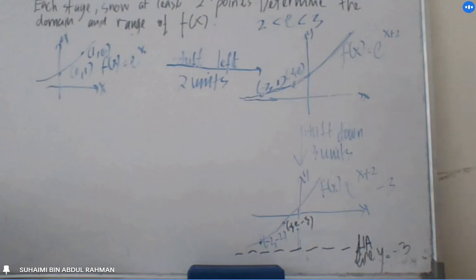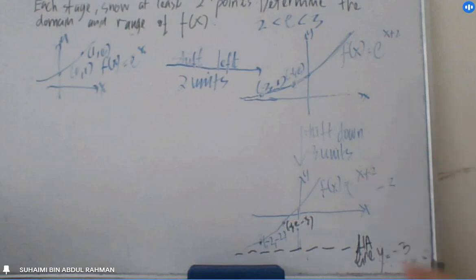Now the horizontal asymptote changes because of the movements. Go down. In the first example, the graph went up.